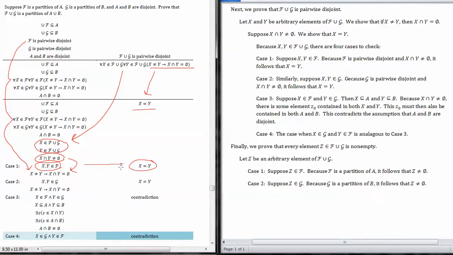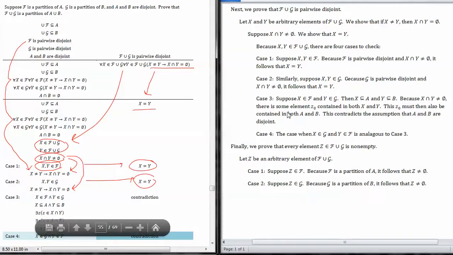Okay. Similarly, in case 2, we had a very similar type of argument. This statement up here again is going to combine with that conditional, which came from G being pairwise disjoint, to give us x equals y again.